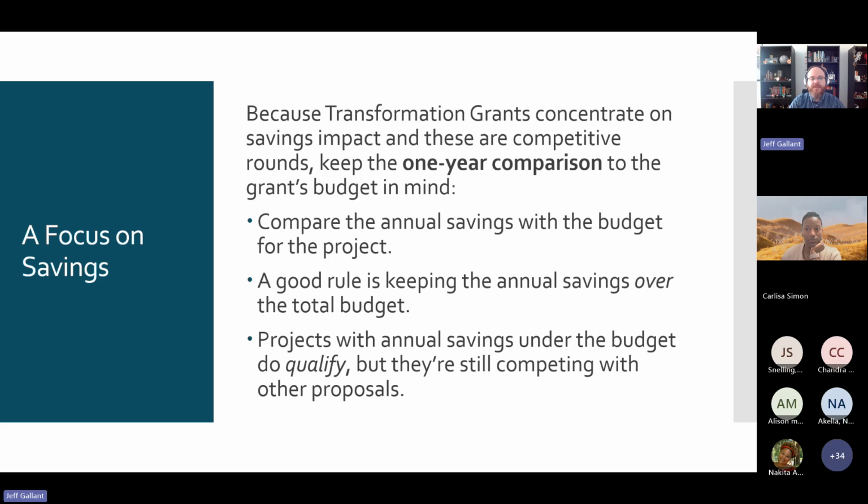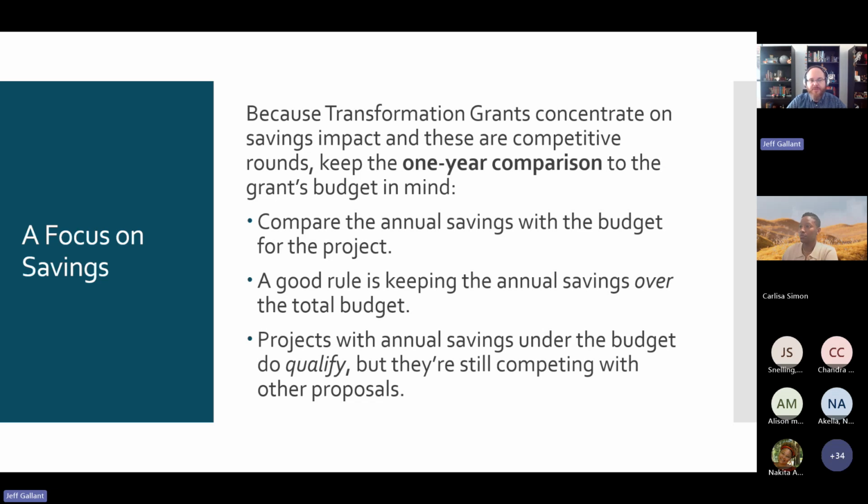Transformation grants focus on savings. If you are affecting just 20 students a year and you're not saving them that much money, but you're making a difference, that's valid. That qualifies. Any of these projects would qualify. But if you are trying to compete with other projects that are applying for transformation grants that are making a much bigger impact, that might be a concern if there are a lot of applications for transformation grants.